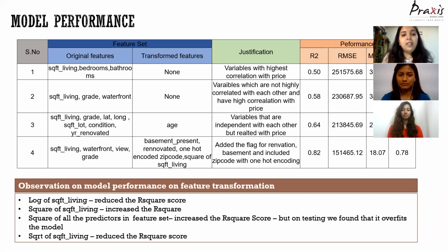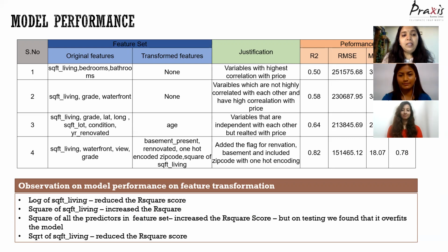Then we included the zip code, the encoded one, which we did in feature transformation and engineering. We included a few more parameters like basement present and renovated. And then we added one more feature, which is the square of the square feet living. That boosted our score to 0.82, and we are now all set.